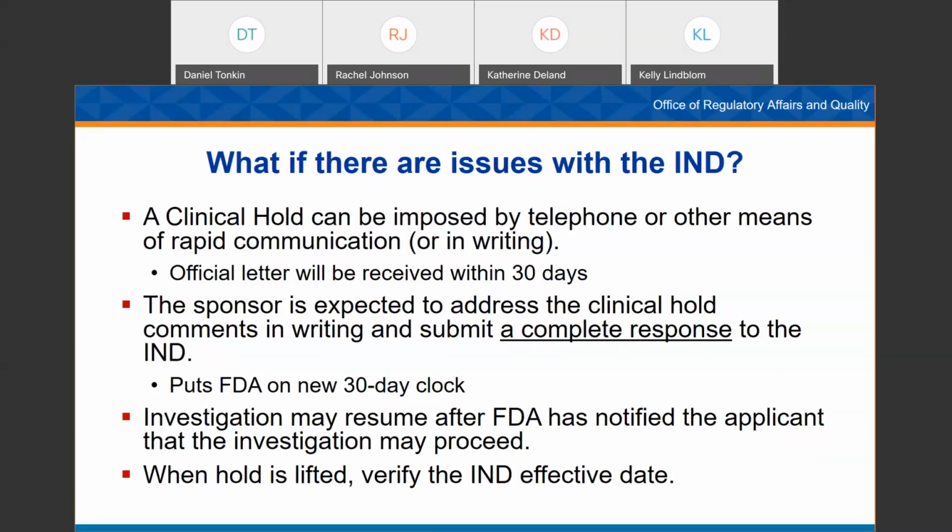The sponsor will then need to address the clinical hold comments in writing and submit a complete response to the IND. And when you have that complete response submitted, that will start a new 30-day review clock. The hold can only be lifted when FDA notifies the applicant that the investigation may proceed.